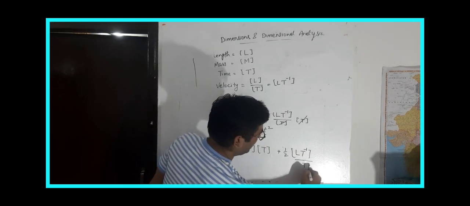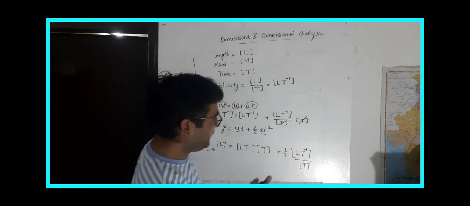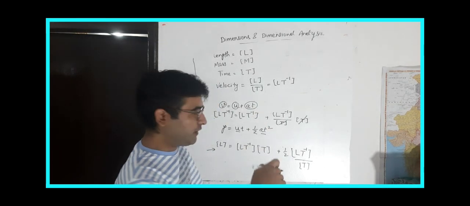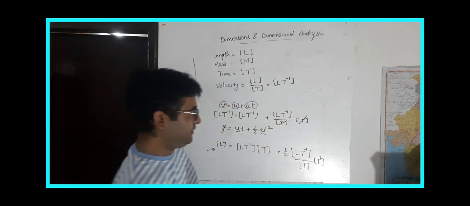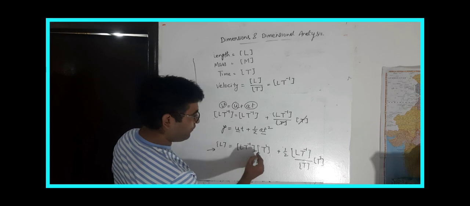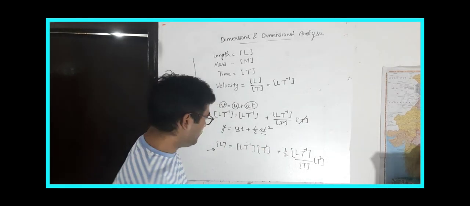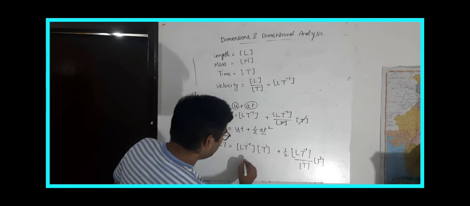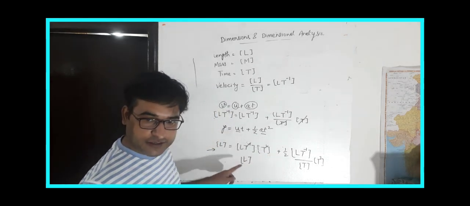So you will have velocity upon time multiplied by t square. Time का square है ना, तो you have to write t square here. So now t to the power 1, if you multiply, okay, so these will add up. Okay, so t to the power minus 1 plus 1, this will cancel out, only L will be left here. So it is consistent here.